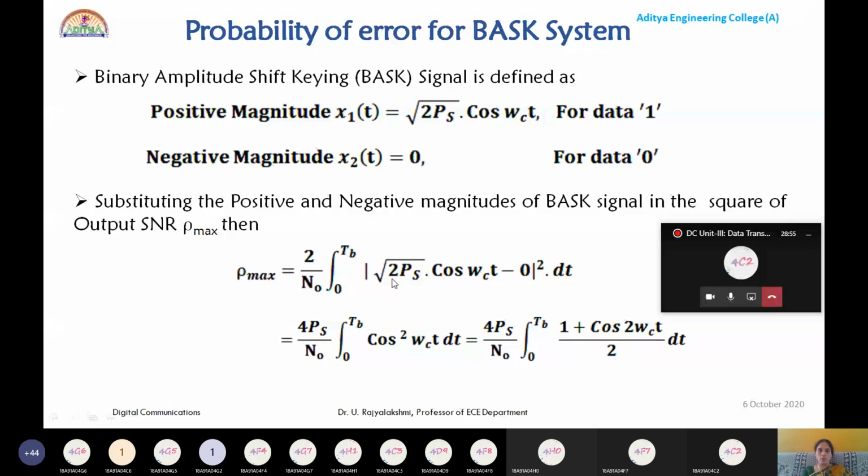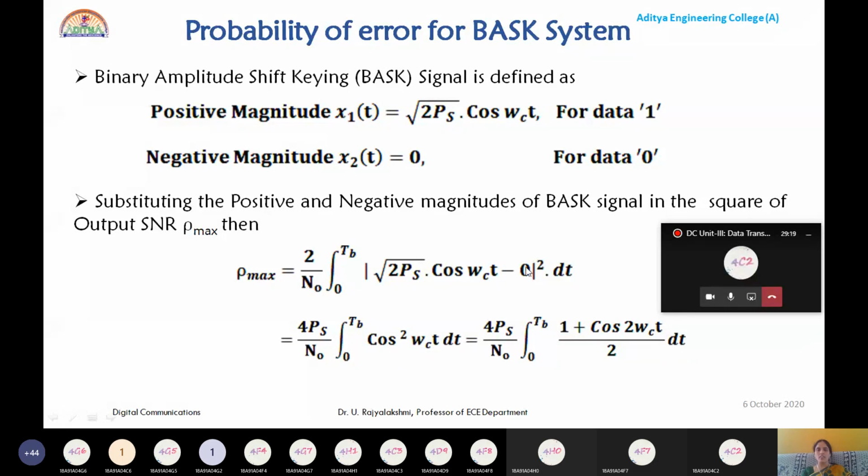If you square this, root 2Ps whole square will be 2Ps into cos square omega ct. So it is 4Ps divided by N naught integral 0 to Tb, with cos square omega ct dt.